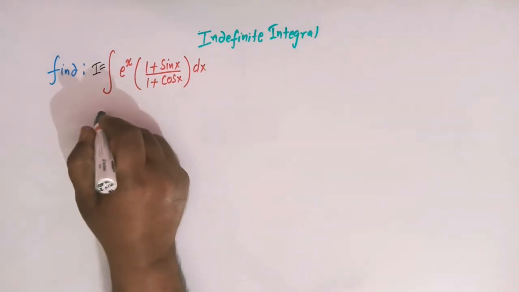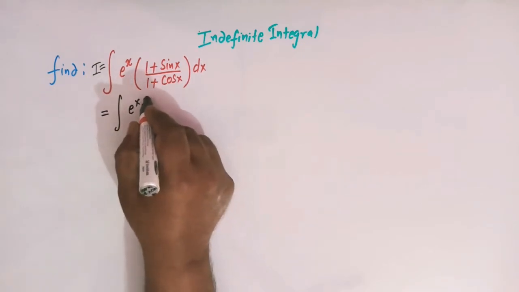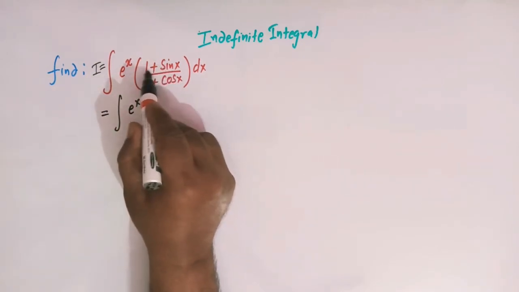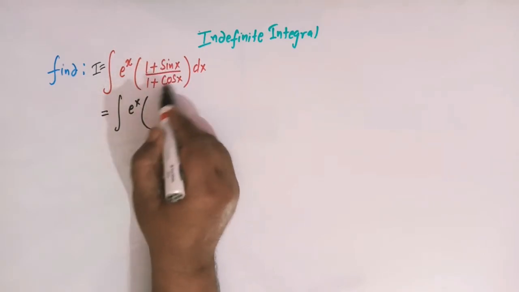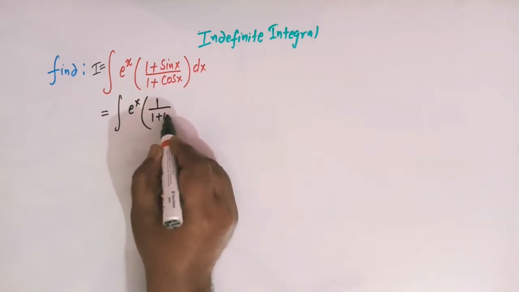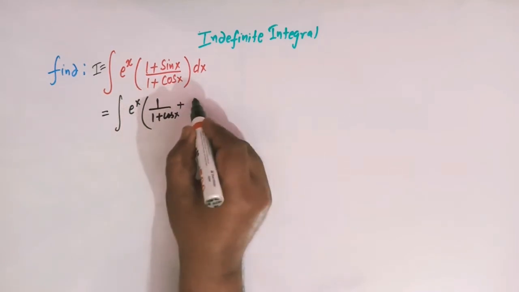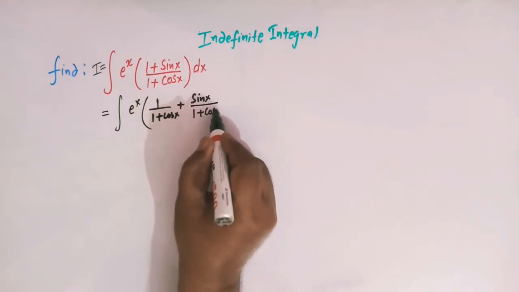Let us first write this integral as e raised to x times the sum of two terms, that is 1 over 1 plus cos x plus sin x over 1 plus cos x.